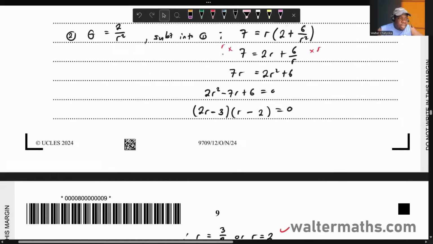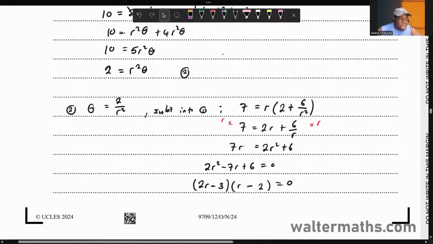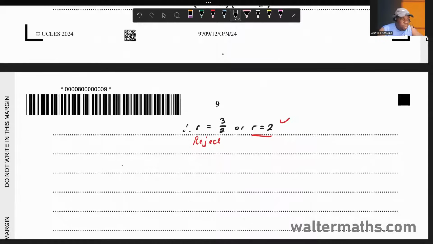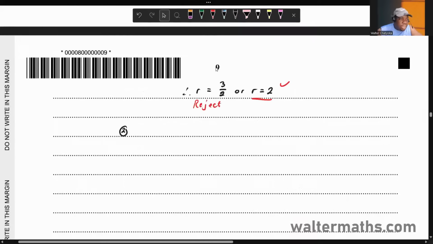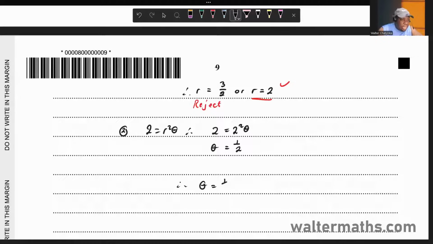We can also go back to equation 2, which says that 2 is r squared theta. So 2 is equal to 2 squared theta, which means theta is equal to a half. So we're saying that theta is a half and r is equal to 2.